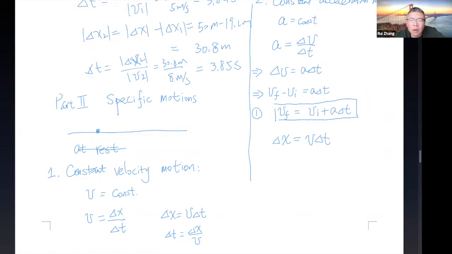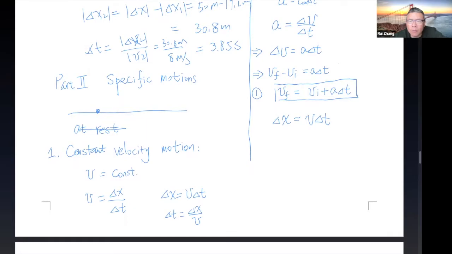Certainly you don't want to use the initial velocity here because the final velocity is different from the initial. The initial velocity is only there for a single moment. Same thing, you cannot use final velocity either. So it's really not clear what we plug in here. If we really want to use this formula, we have to use the actual average velocity.